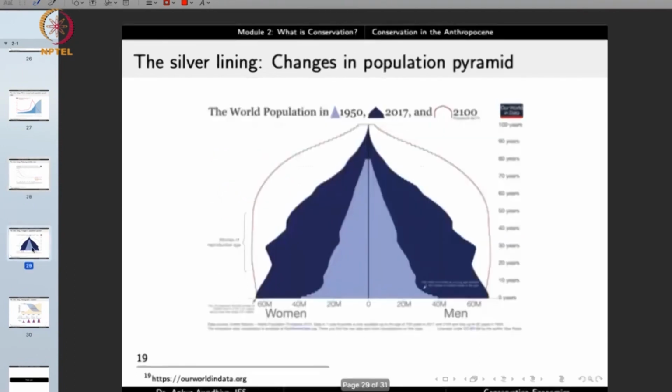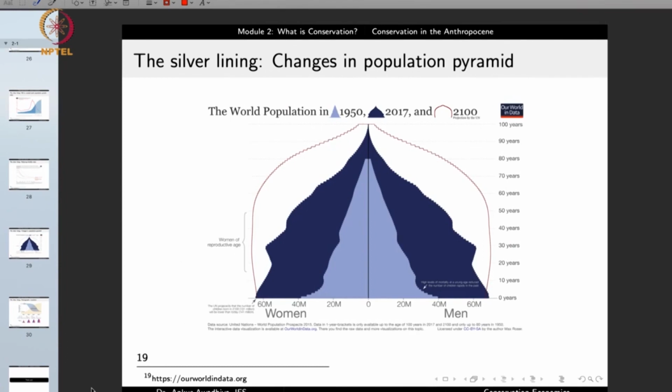In the 1950s, we had a population pyramid that had a much greater base as compared to the top. But now we are shifting to a population pyramid that does not taper so much. This is also an indication that the rate of population growth has been decreasing, and it will further continue to decrease when these children reach adulthood.